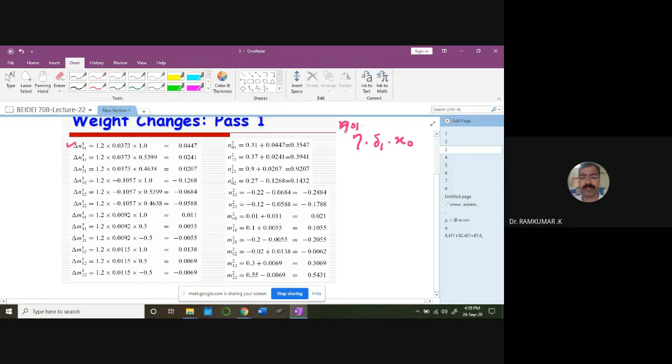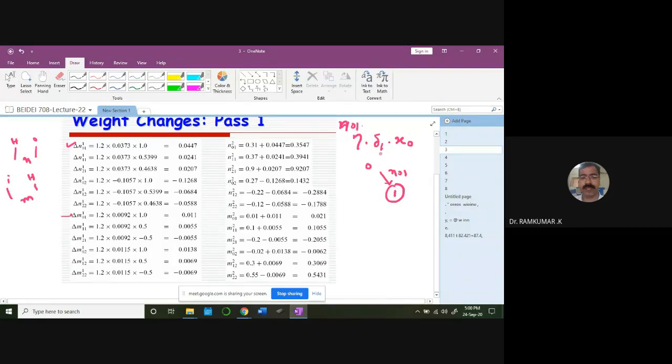N is the index for the weights between the hidden layer and the output layer, and m represents the input and hidden weights. Therefore, I am right now talking about n01. N01 means the output neuron is connected with hidden neuron 0. So this weight is n01.